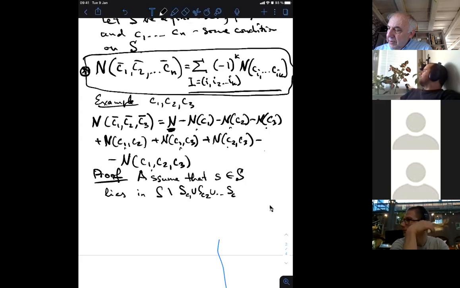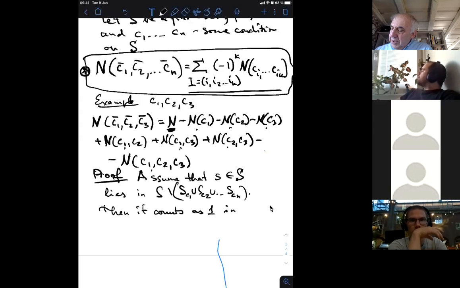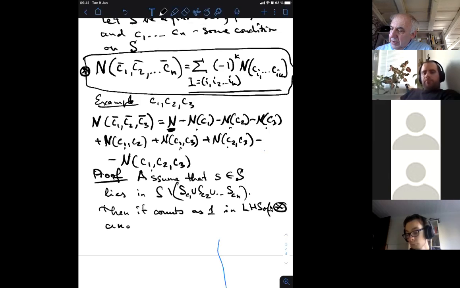How many did we have? n. Then it counts as 1 in the left-hand side of the formula and in the right-hand side.